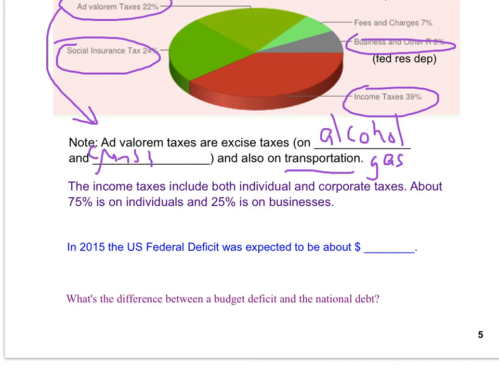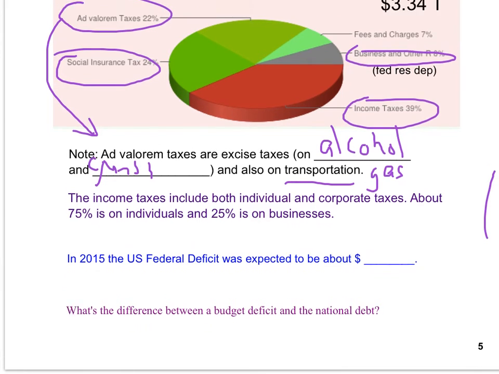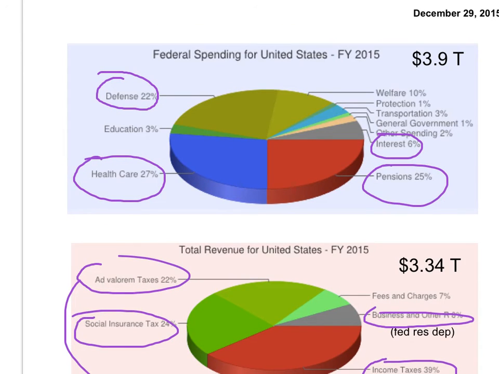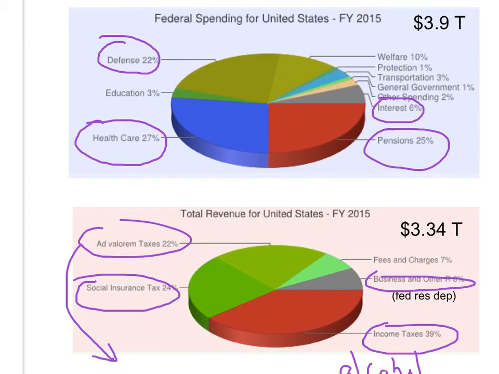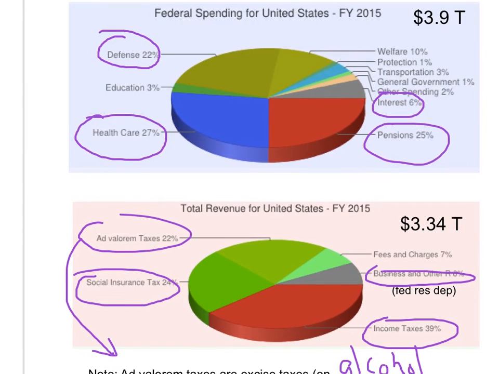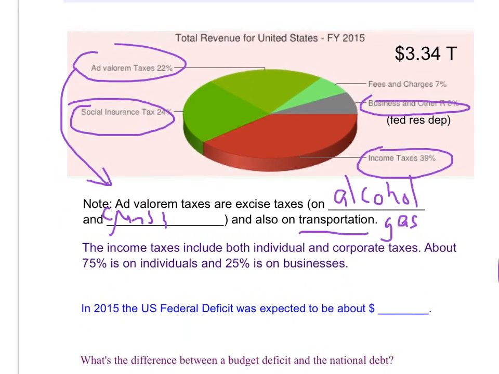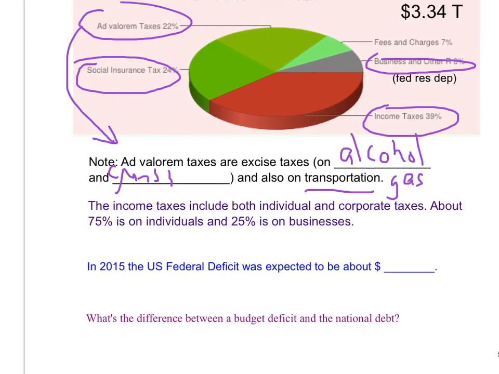So in 2015, what was the federal deficit expected to be? Well, if we look at the numbers from above, we have 3.34 trillion and 3.9 trillion. If we look at the difference between them, that's $560 billion, 0.56 trillion.